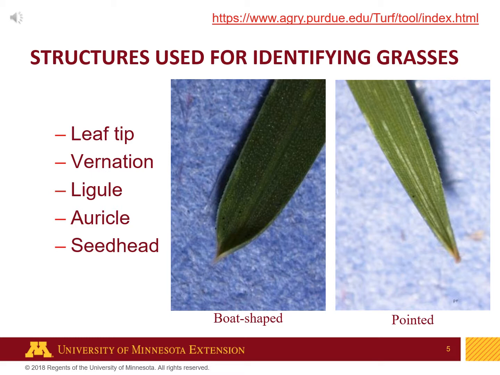Seed heads will ultimately be the best way to identify specific species, but often these are not present in a mowed roadside setting. In one of the readings, we have made available to you a useful tool to identify turfgrasses. This tool was created by Purdue University and can be found at the link on the top of the slide and your readings listed for this module.